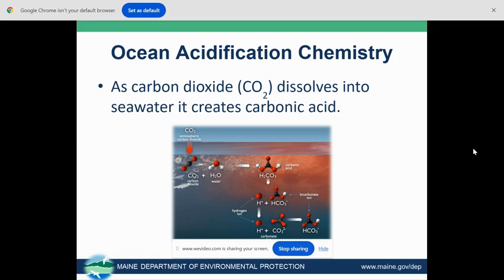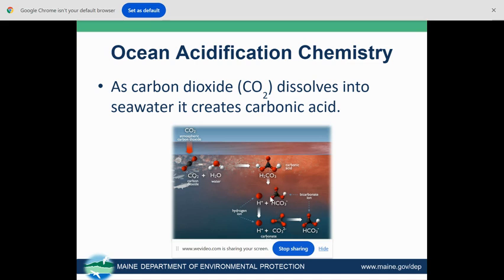Okay, so here's a little bit of the chemistry. As carbon dioxide is absorbed into the seawater, it creates carbonic acid. You'll see that in the first step here. If carbon dioxide goes into the ocean, it interacts with seawater, H2O, and it creates a new product, carbonic acid.